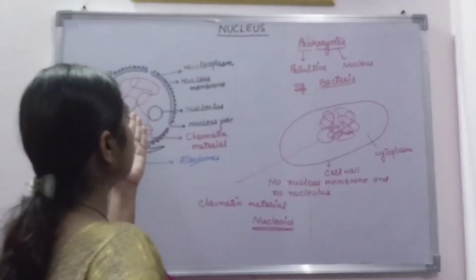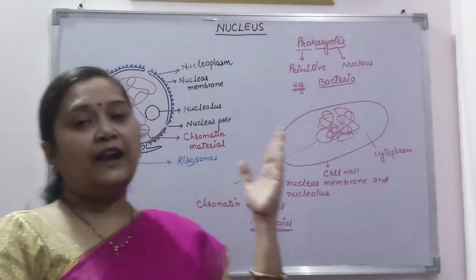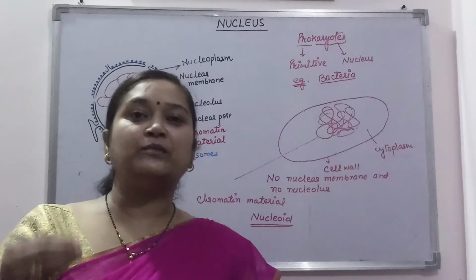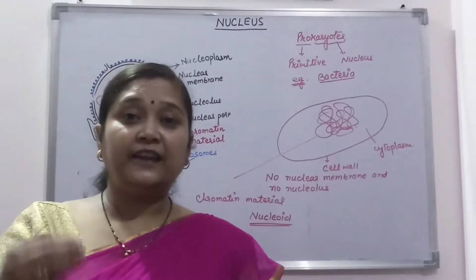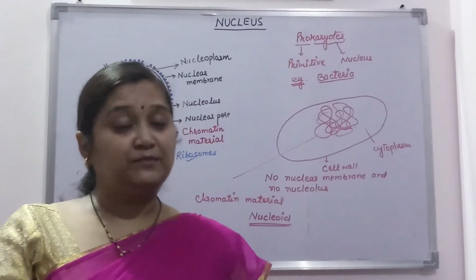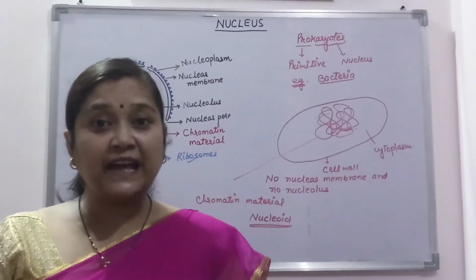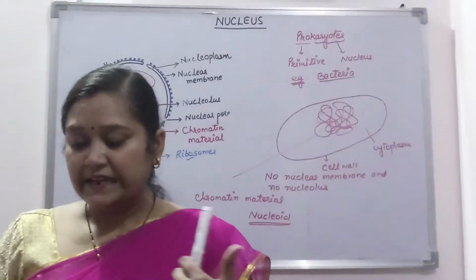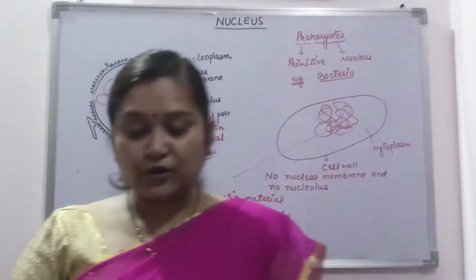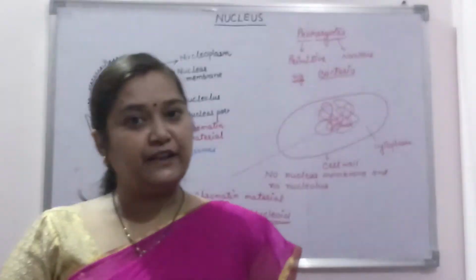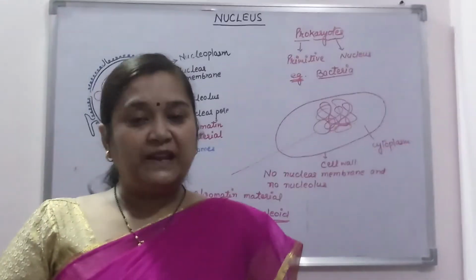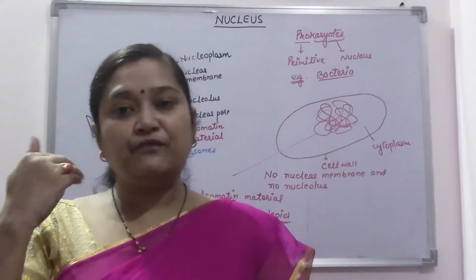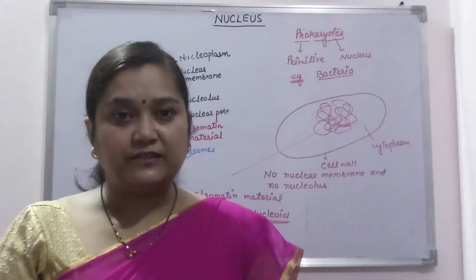As I have discussed, it contains the chromatin material, and when chromatin condenses, it gets converted into chromosome, and chromosome contains DNA, and DNA contains the gene, and gene is the unit of inheritance. So it is the center for genetic information. Second, it plays a very crucial role in cell division. It will decide in which way the cell is going to divide.